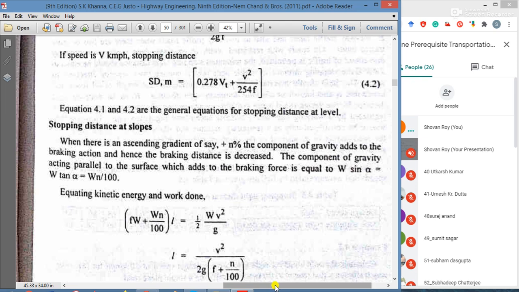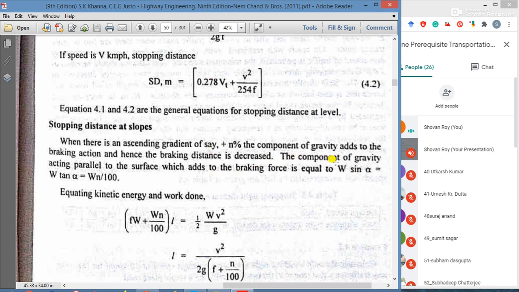and hence the braking distance is decreased. Obviously, when a car goes through the ascending gradient or up gradient, the distance traveled due to the application of brake will be decreased. This is the natural phenomenon due to gravity. So how can we calculate the actual braking distance in this ascending gradient?